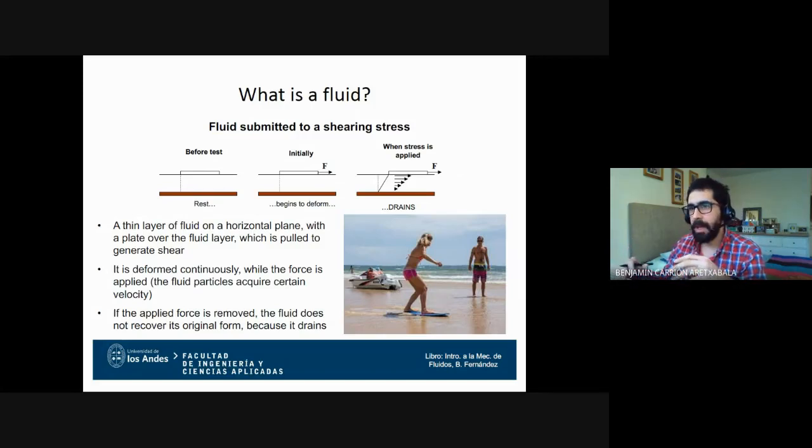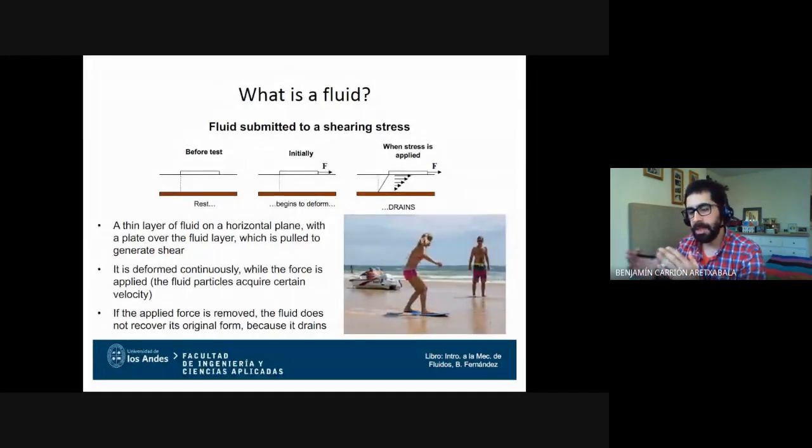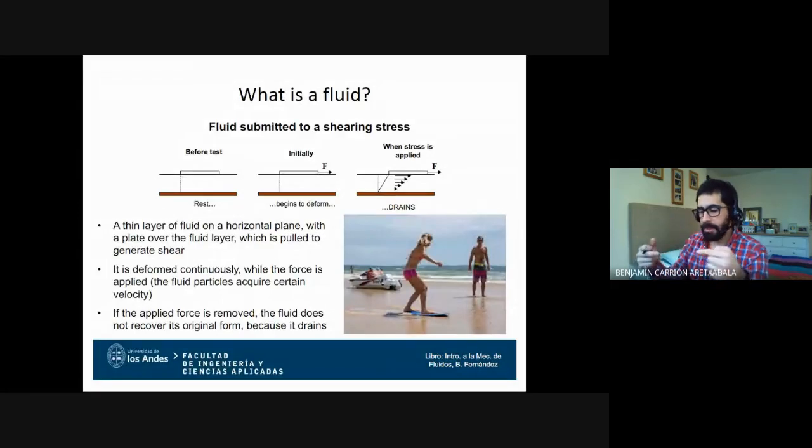I don't know if you have taken soil mechanics already, but all of these pressure and shear stresses are internal forces. If you take a volume of fluid, there are forces that act on the faces of this volume, and some forces are going to compress it in this direction, and some forces are going to try to cut it.